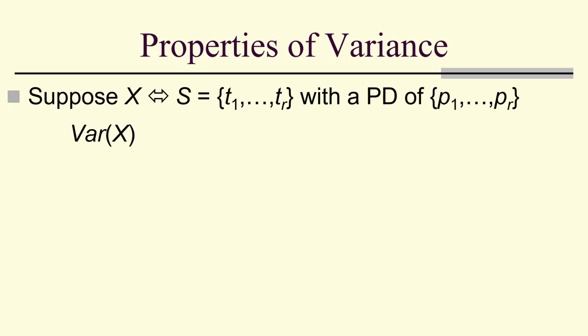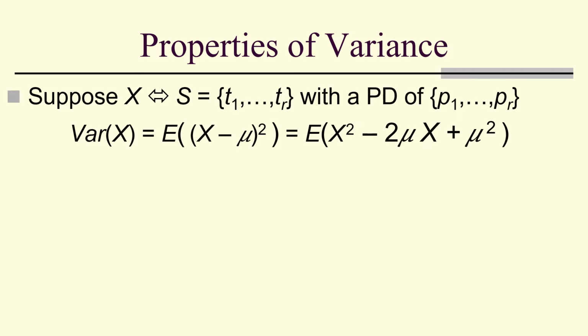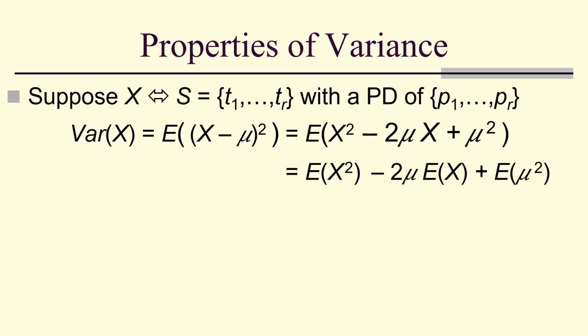So first off, the variance, by definition, is the expected value of the quantity x minus mu squared. And we expand the square. We use linearity to separate that into separate expected values. Notice the expected value of mu squared is just mu squared because it's just a number.